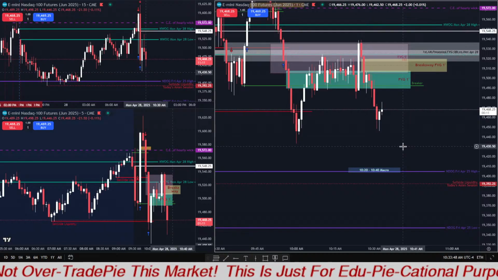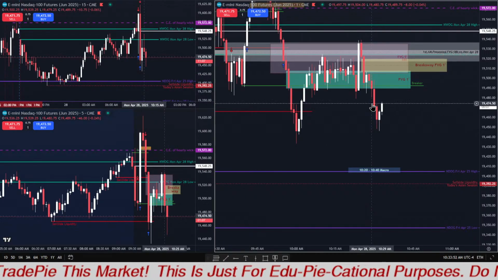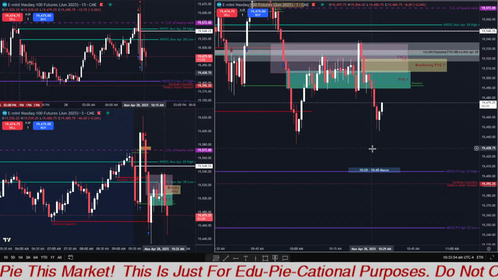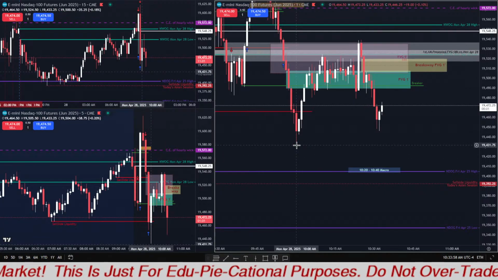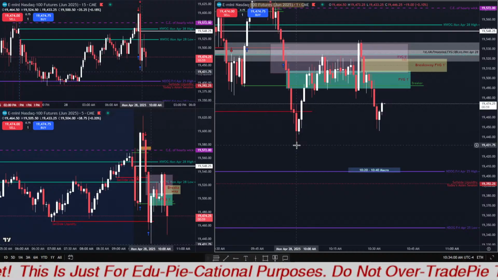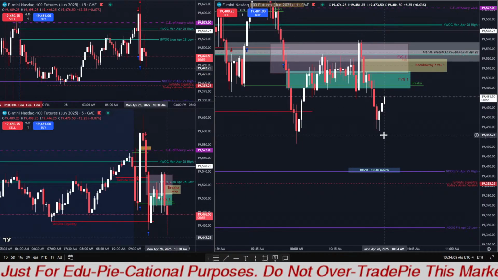Now after hitting this CB here, I'm expecting a run below this swing low over here. The market should not spend a lot of time inside this.